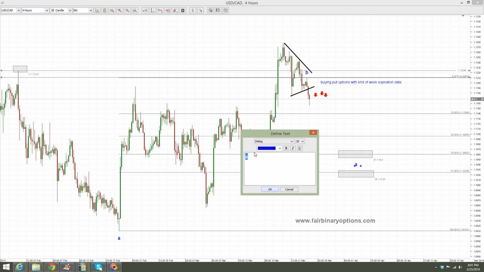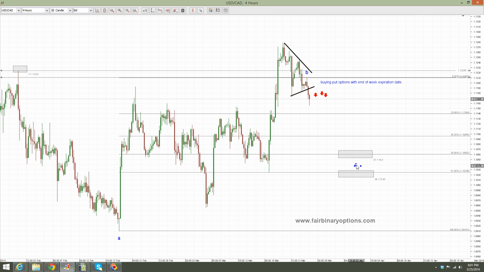Because this is a contracting triangle, the moves are not going to be aggressive one way or the other, so look for corrective moves, but nevertheless to move to the downside, and therefore we are buying put options.